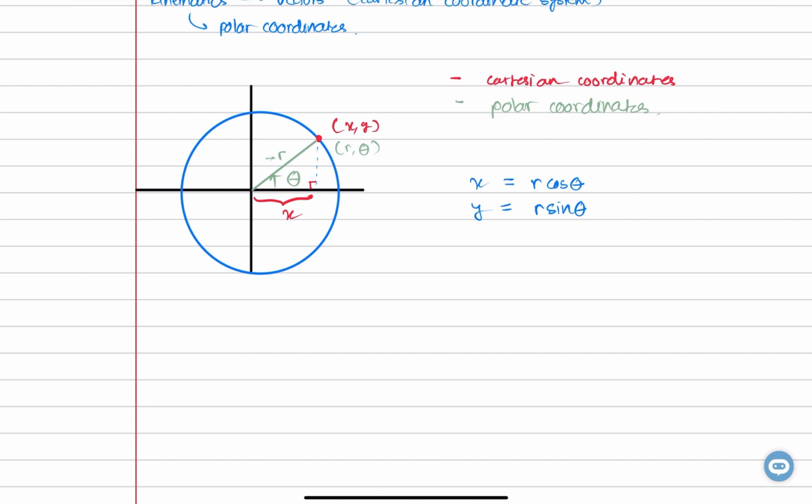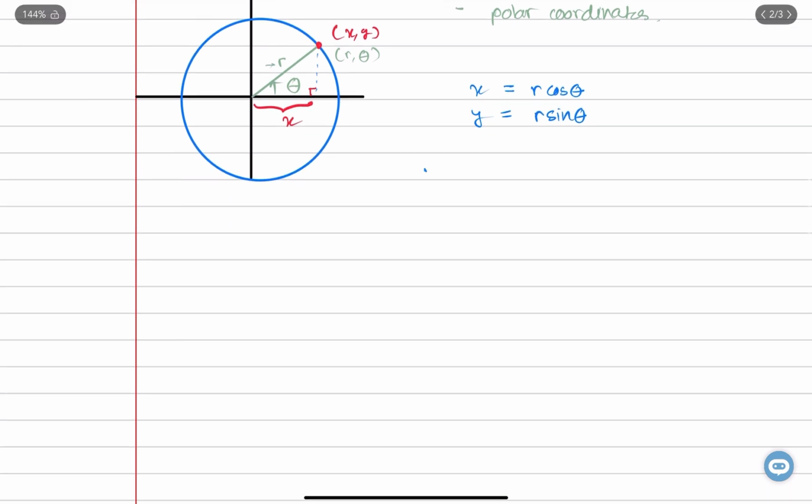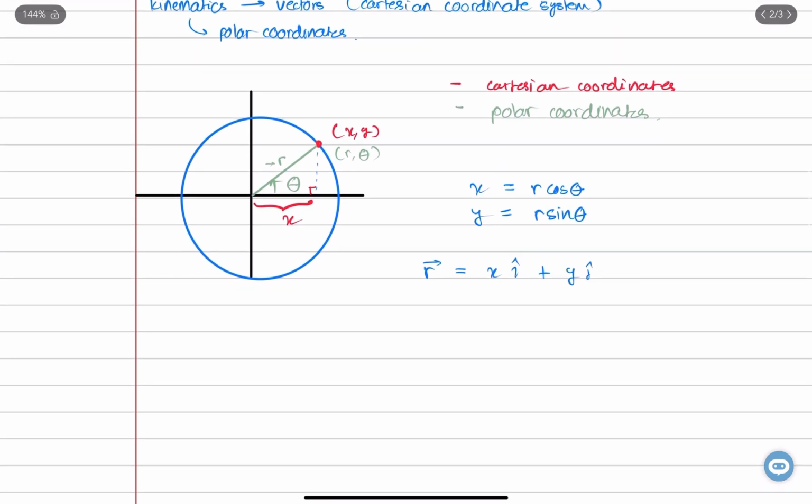If we wanted to write the position vector in terms of the Cartesian coordinates, we could do so as x i hat plus y j hat. And if we wanted to write a vector in polar coordinates, how would we do that? We introduce a small vector called r cap, which we call the radial unit vector.